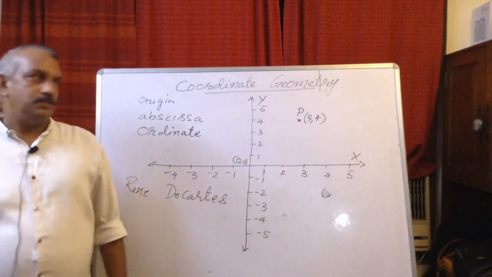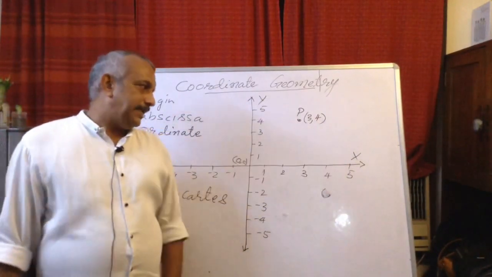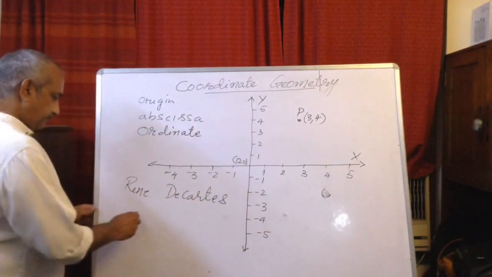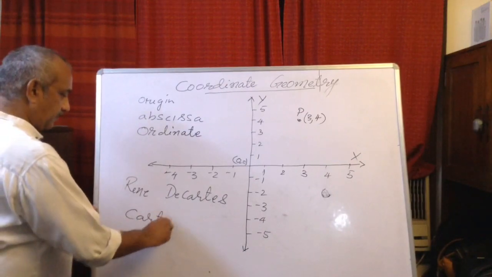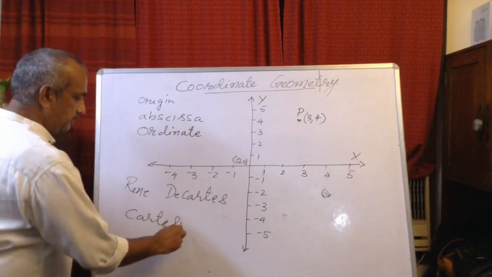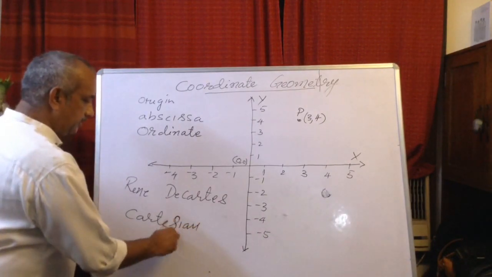So this plane with x and y axes is also called the Cartesian plane, spelled C-A-R-T-E-S-I-A-N.